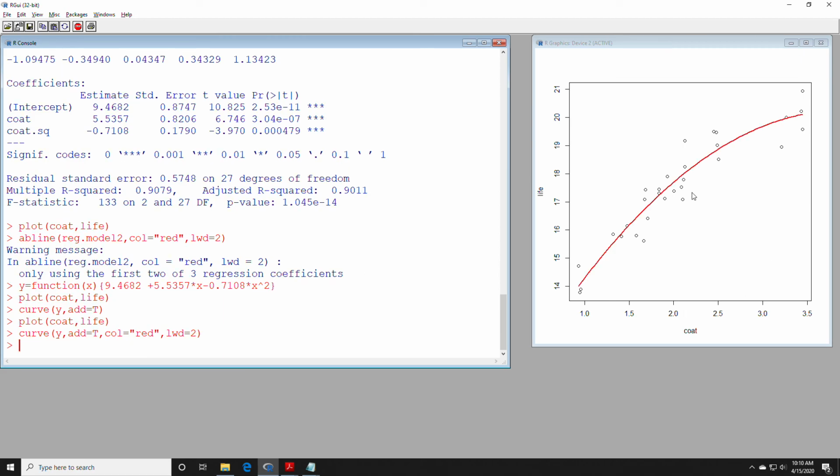So you can see this does a lot better than fitting a straight line. A straight line would not be able to capture this curvature that we have.